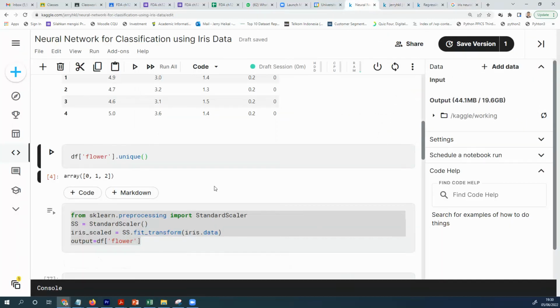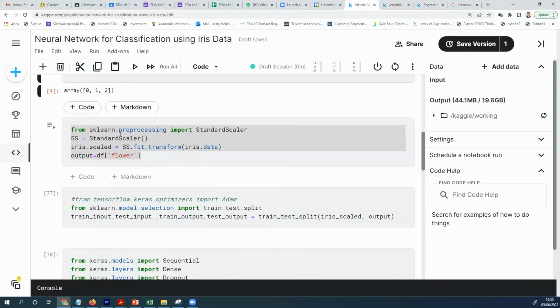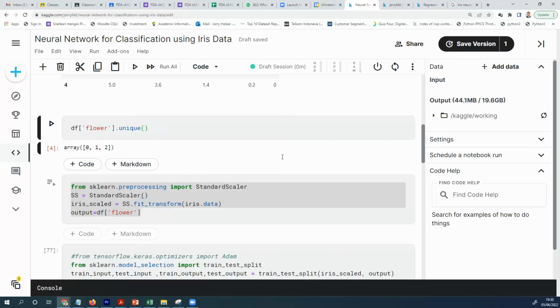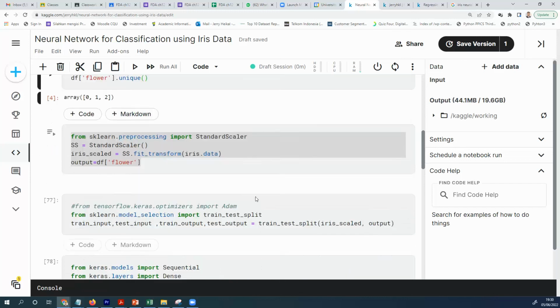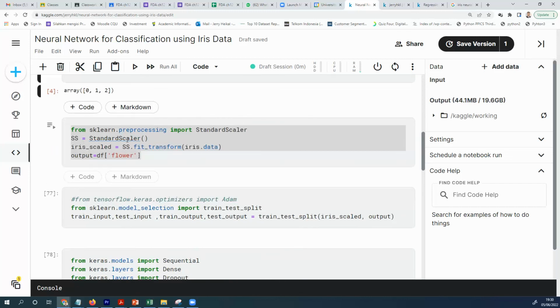Okay, so from scikit-learn, as usual, first thing first, normalization. From scikit-learn preprocessing, we import StandardScaler, and SS is the StandardScaler. We fit it on the iris data and see the result.